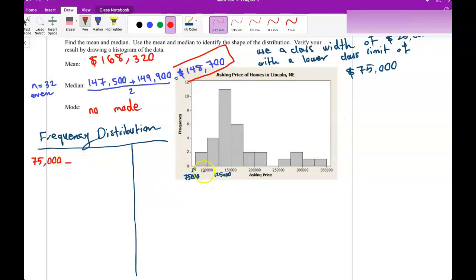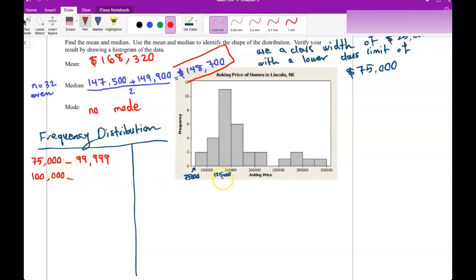Then here is 100,000, but we shouldn't write that one exactly here. So that 100,000 is our second lower limit. And this part is 99,999.